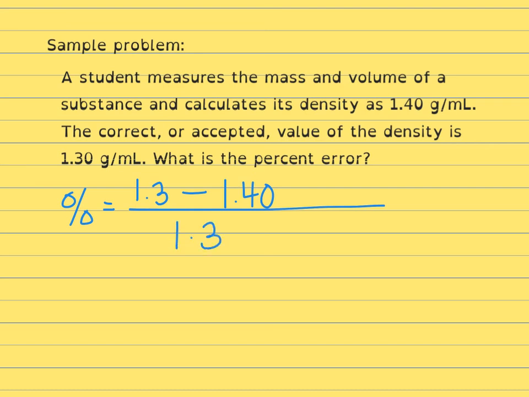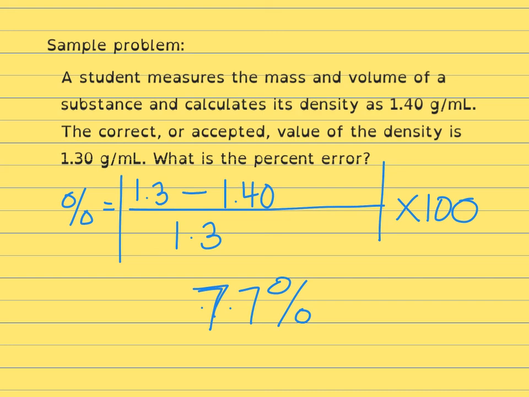We are going to make this be in absolute values, and then we're going to multiply by 100. So if you followed the equation on the previous slide, this is where the numbers go. When you calculate the math out, you get an answer of 7.7%.